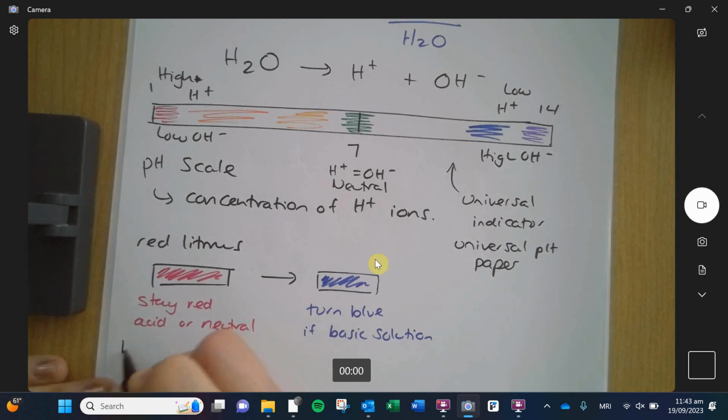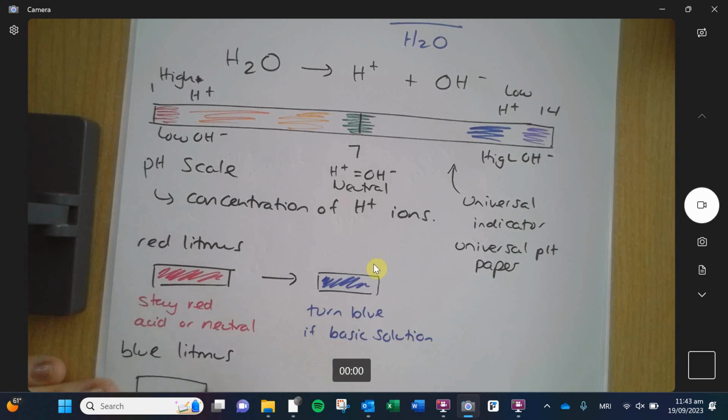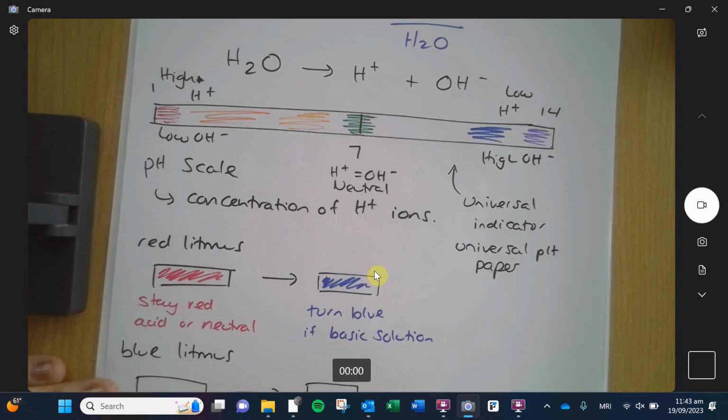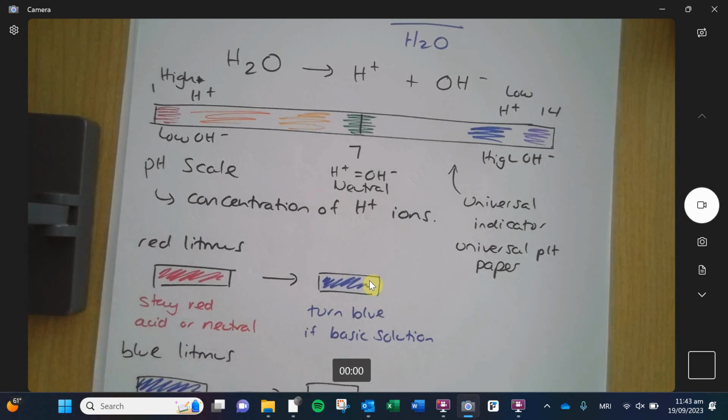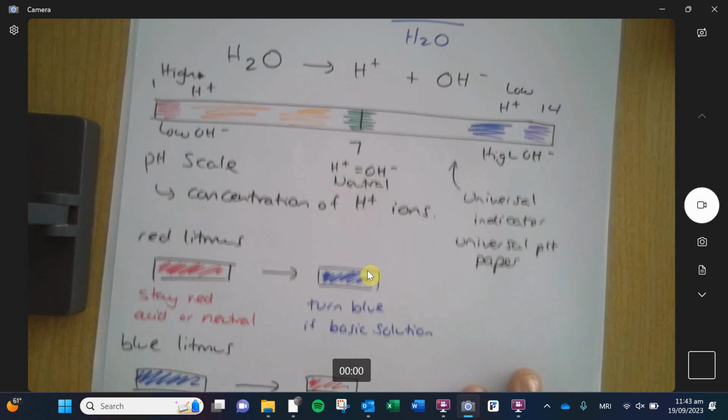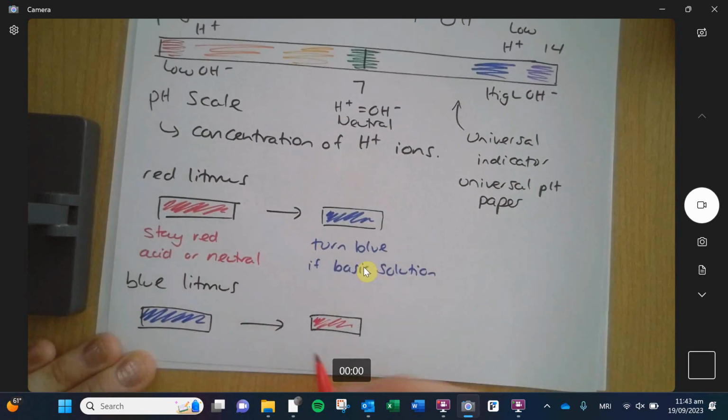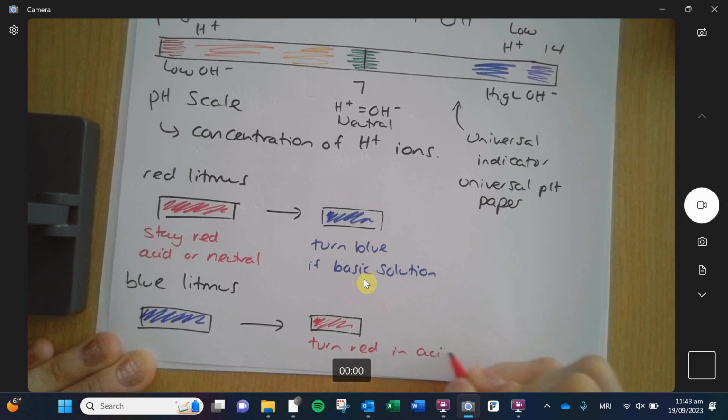The next color is the blue litmus, and it works in exactly the opposite way. You start with blue, it goes to red. And again, similar sort of setup, it only turns red in acid.